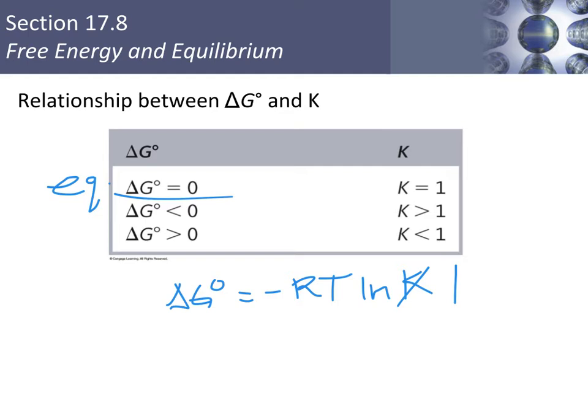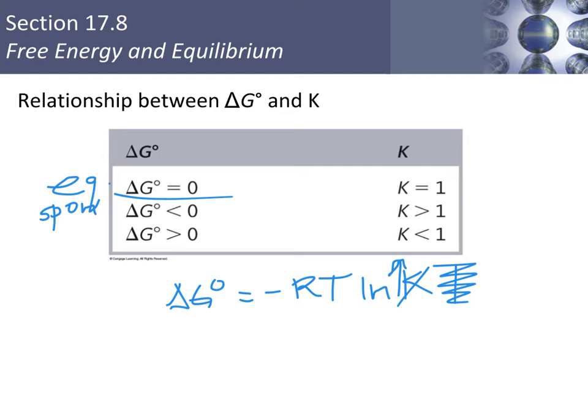If K is greater than 1, we've got lots of product. K is going to be really high in our equation, and we will get a negative delta G, so less than 0. That will be a spontaneous process. If you think about making a lot of product, that's what we've been talking about with spontaneous or thermodynamically favored processes.